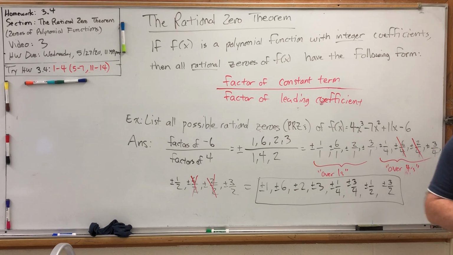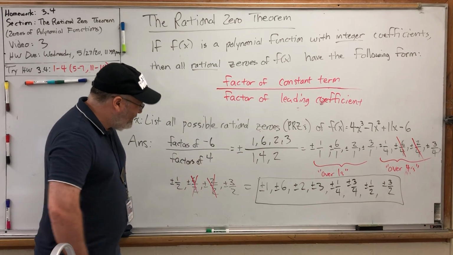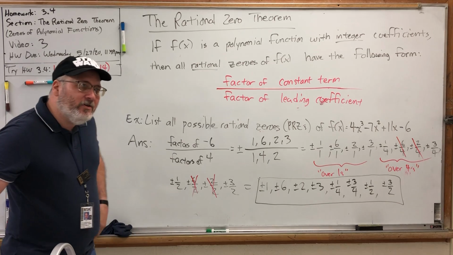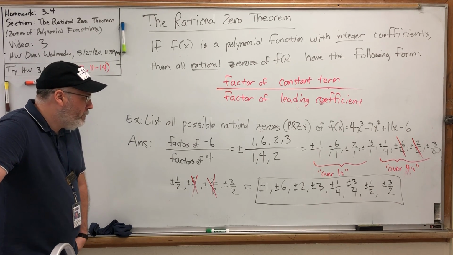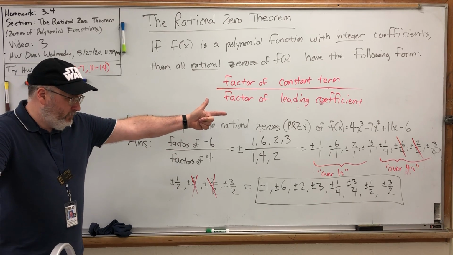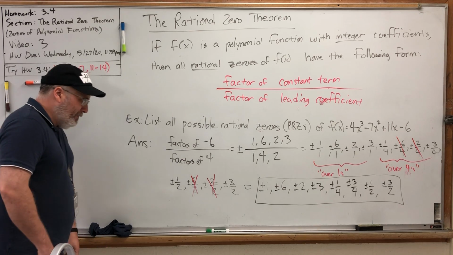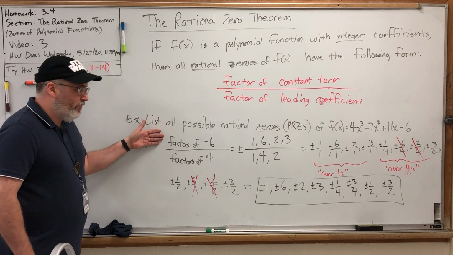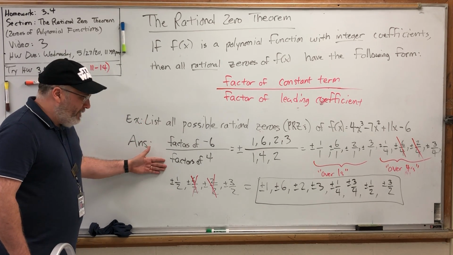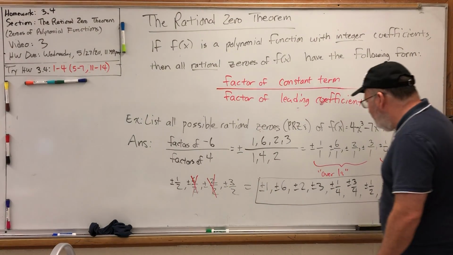But manufacturing a list of possible rational zeros is very straightforward. The hardest part is making sure that you have all the factors, but I think the numbers are going to be manageable enough that that won't be an issue. So to review what just happened, if you have a polynomial function, and the question is what are all the possible rational zeros, you simply make a list of all the factors of the constant term over all the factors of the leading coefficient with a plus minus.